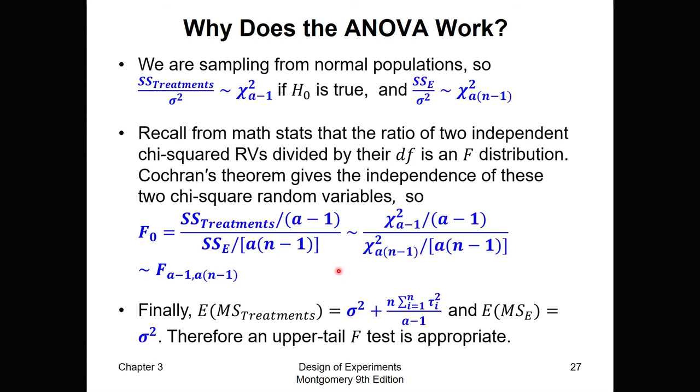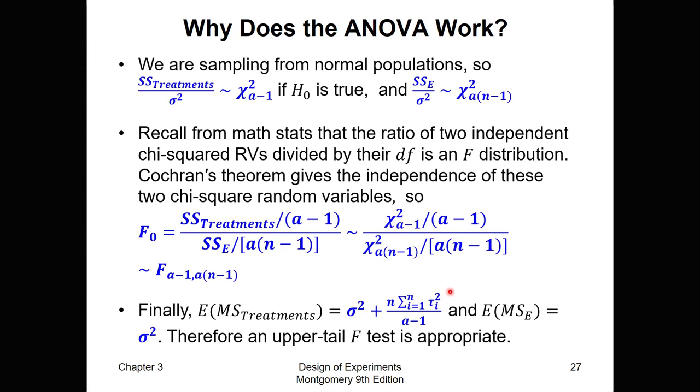Another component here is the expected value of each of these, and we'll get into these more when we talk about random effects ANOVA. The expected value of the mean squared treatment is the population error variance, plus the sum of squares, in essence, of the, actually this should be from i equals 1 to a, not 1 to n, so I apologize about that.